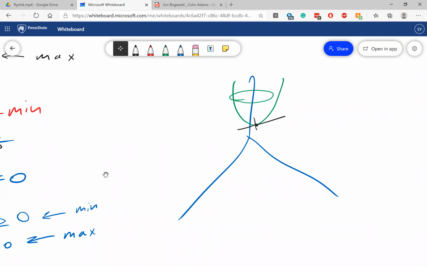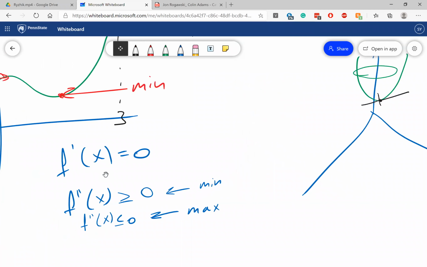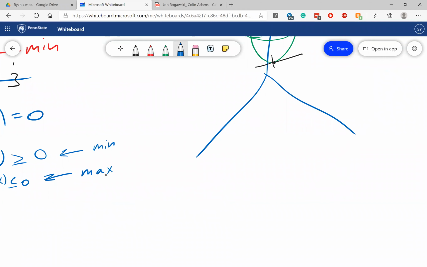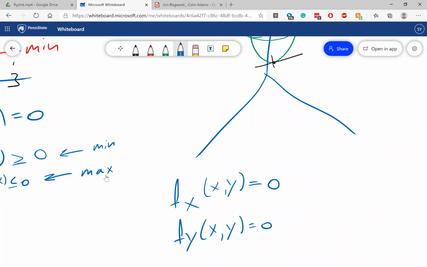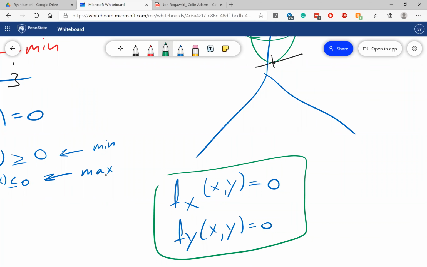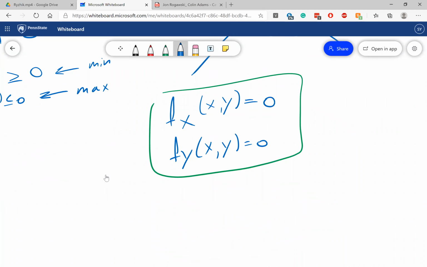So instead of only taking the derivative in 1 dimension, we end up taking partial of f with respect to x, setting that to 0, taking partial of f with respect to y, setting that to 0, and then solving these for x and y to find the point where the minimum exists. Or we can also look at this in terms of the gradient of f of x, y, and setting that to the vector 0, 0.